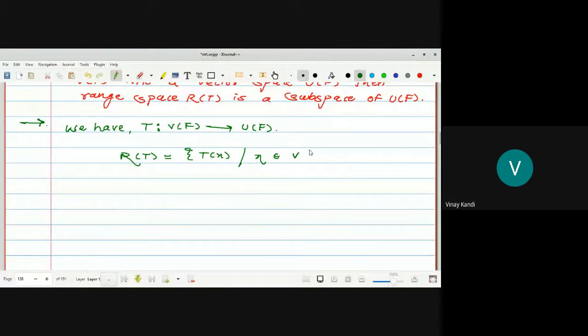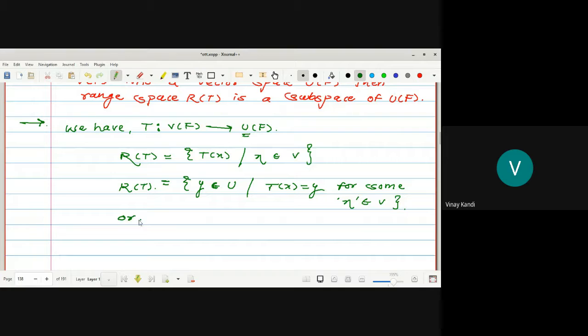Or this set can be written as: given T of x is equal to y, where y belongs to U, your codomain, such that T of x is equal to y for some x belonging to V. So this is your range set, that is the range space of the linear transformation T. Or T of x is an element of U for all x belonging to V.